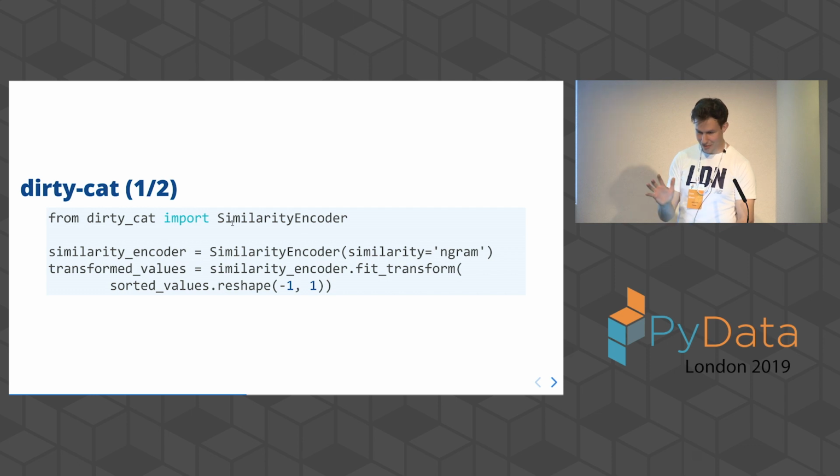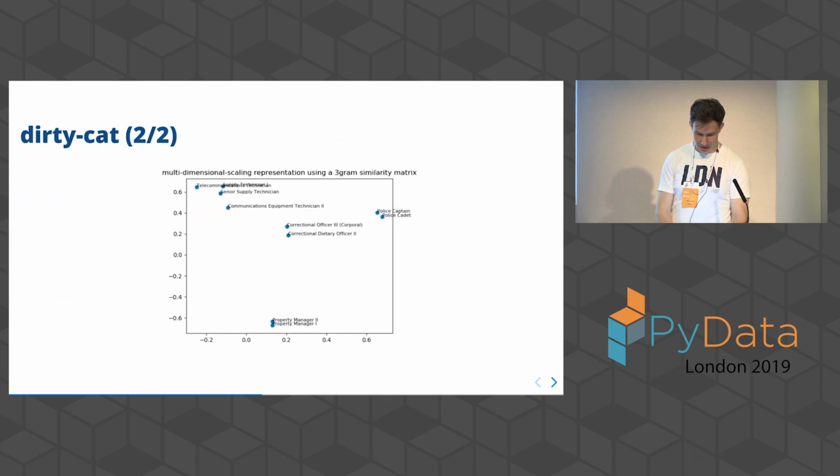Again, it's scikit-learn compliant, you can plug it into a pipeline, and you can get things like this. This is an example straight from the Dirty Cat documentation, where we fed in some job titles, and this is a multi-dimensional scaling of the resulting similarities that the encoder has come up with.